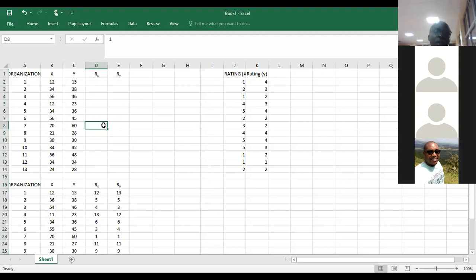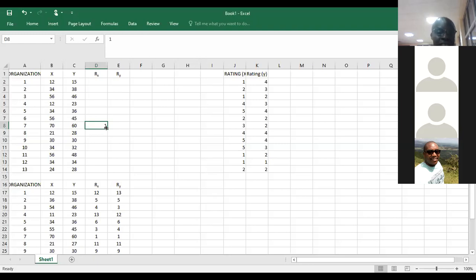And note this: if a variable has repeated values, then assign them a rank which is equal to the arithmetic mean of the ranks they would have been assigned if there was no repetition.